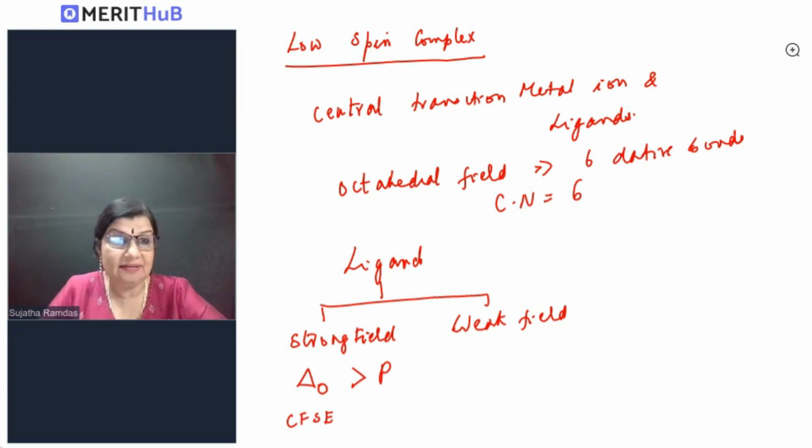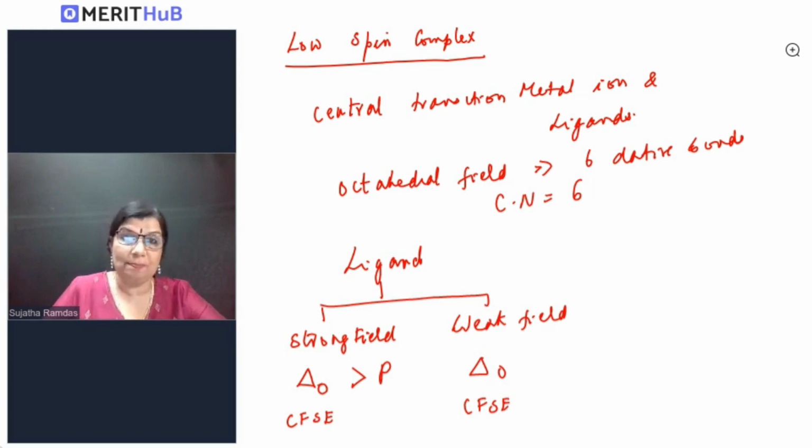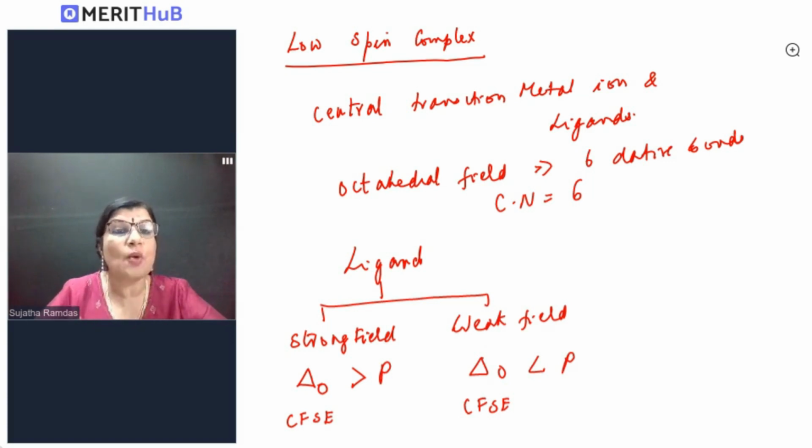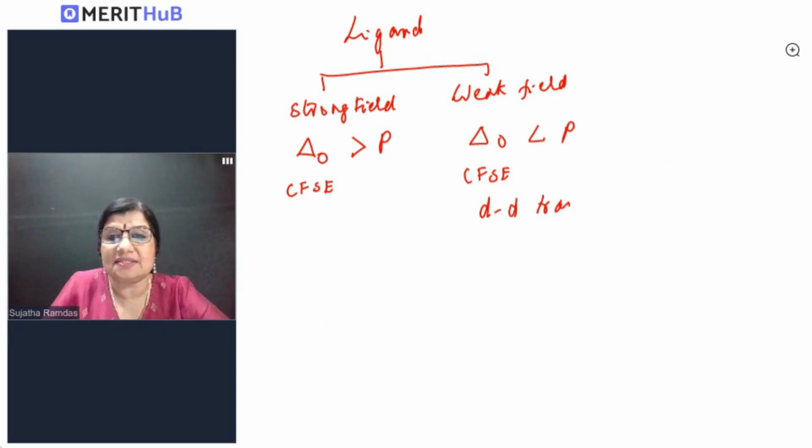When the ligands are weak field ligands, the difference in energy between the split d orbitals, or the crystal field splitting energy of an octahedral complex, will be less than the pairing energy. So pairing of electrons requires more energy. The difference is less, so electrons rather undergo d-d transition, resulting in the presence of many unpaired electrons.